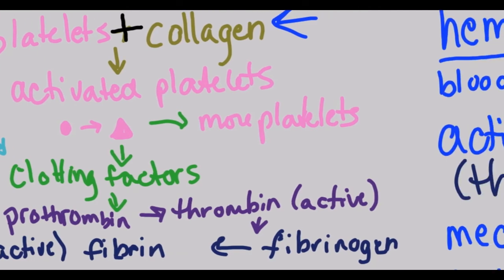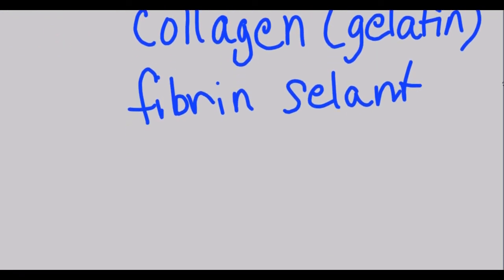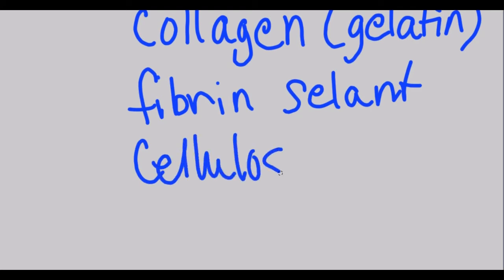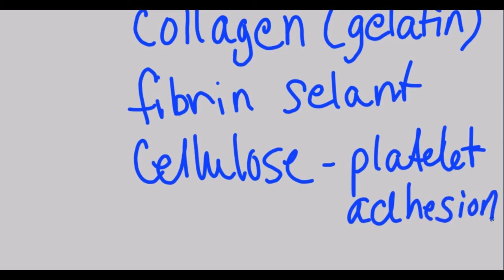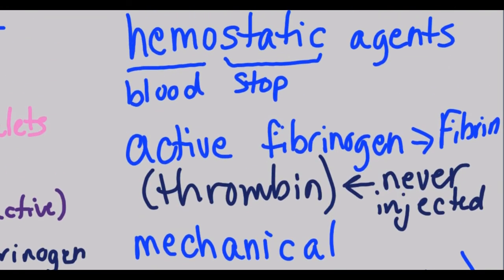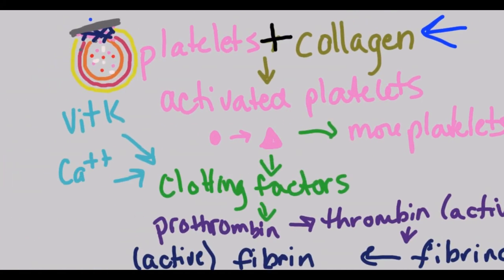And then one final form of hemostatic agent that we have is cellulose. And that is going to be for platelet adhesion, which is the term for the platelets all joining and sticking together up here in the clot.